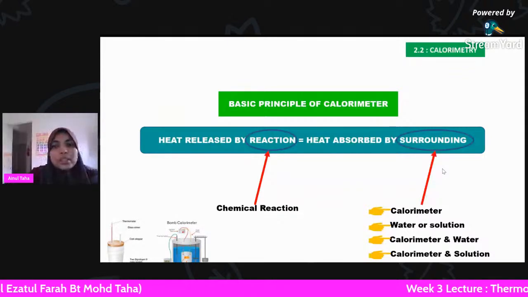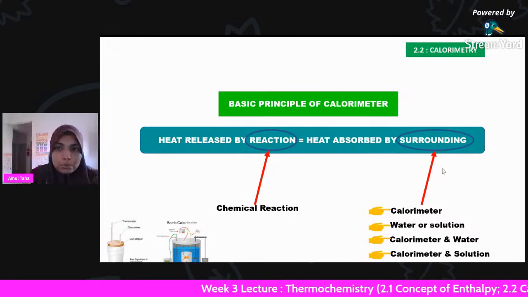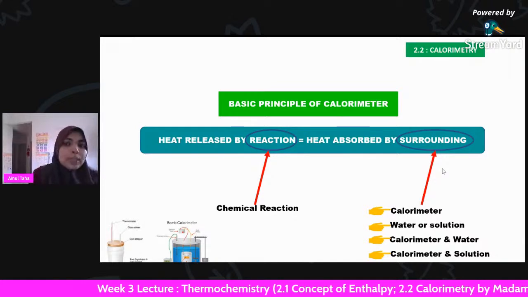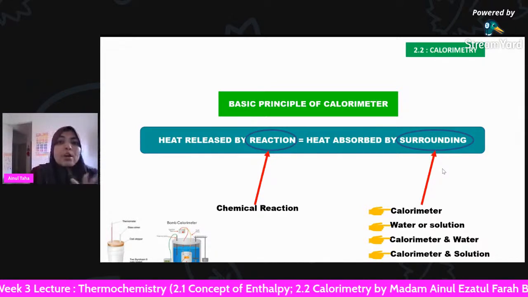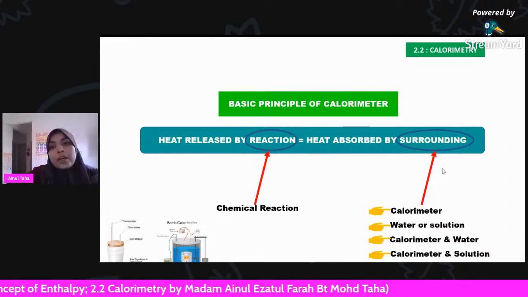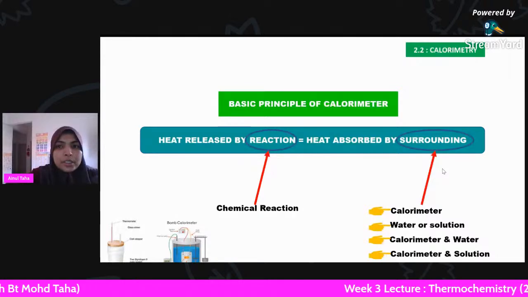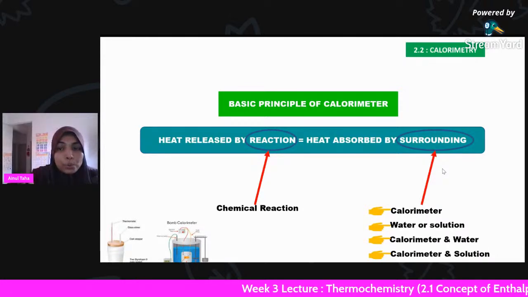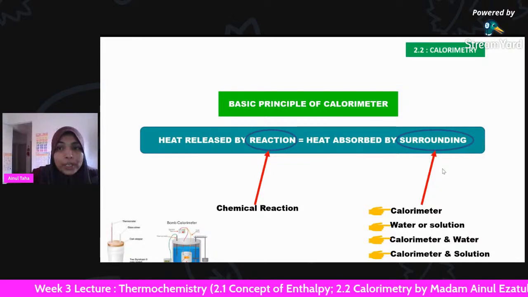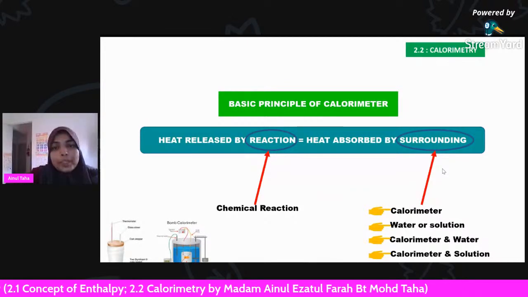So this is all the things that you all need to know for the topic of 2.1 and 2.2, the basic knowledge about enthalpy and also about the calorimeter. So I hope with this brief explanation of chapter 2.2, you get some idea to understand the topic of chemistry.